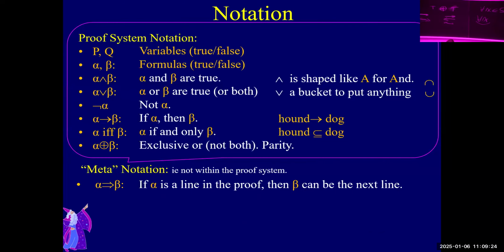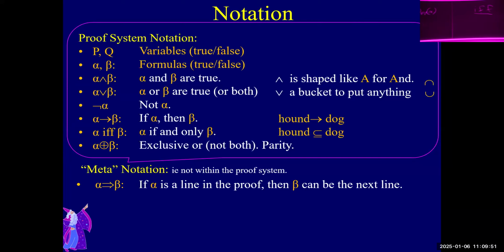So if I say alpha implies beta, I'm outside of logic, and I'm saying that if I knew alpha was true in my universe, then I know that beta is true in my universe. It's meta, it's outside of the inner proof, right?